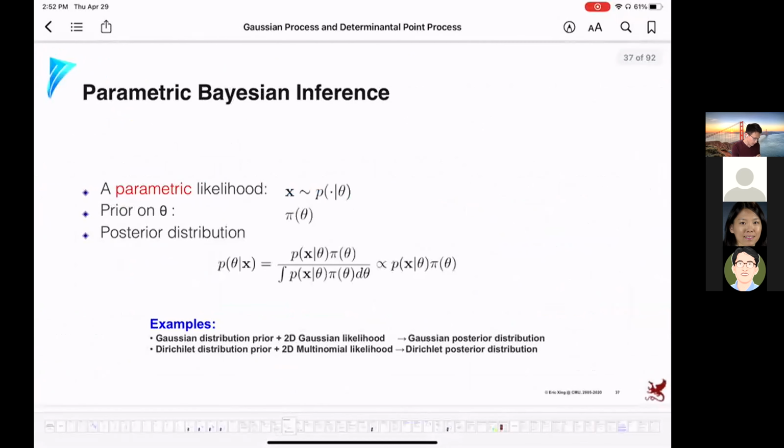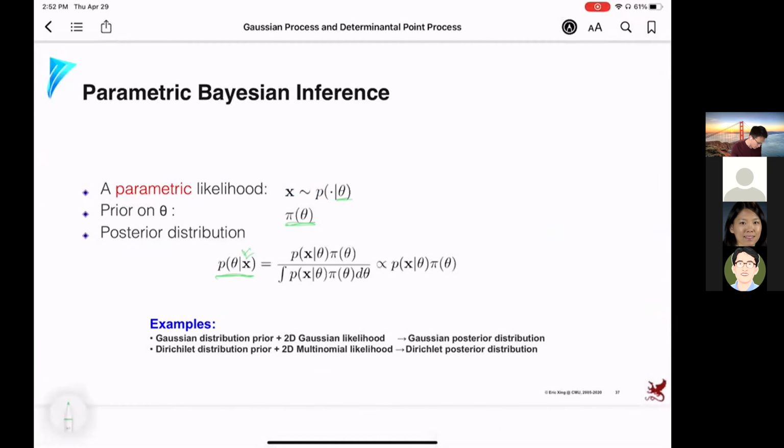Just to compare the parametric Bayesian approach and the non-parametric Bayesian approach. In the parametric Bayesian approach, we have some parameter, theta. We put a prior on it, pi(theta), and then we estimate the posterior of theta based on the data x we observed.